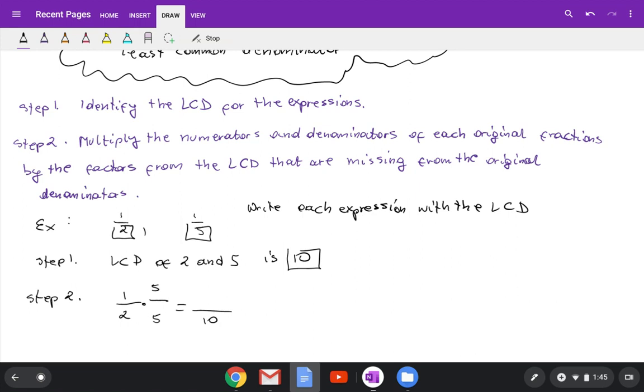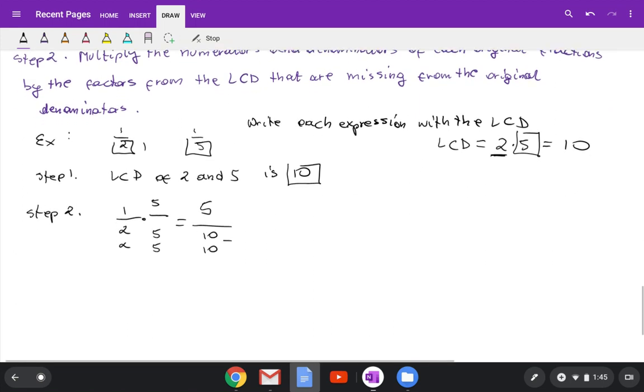Maybe I didn't show the work, but to find the least common denominator of 2 and 5: 2 is a prime number, so you take that 2, which is a unique factor, and 5 is a prime number, so the factor of 5 is just 5, and we got that 10. So 1/2 has 2 as the original denominator, but the one which is missing is 5. So I multiply top and bottom of 1/2 by 5, and we create that equivalent fraction, which is 5/10.